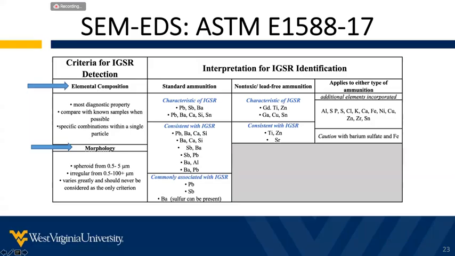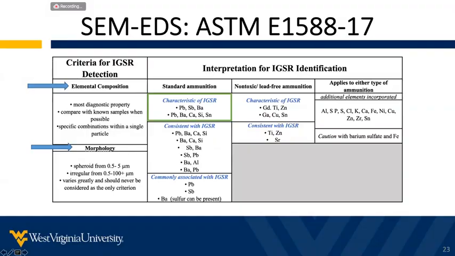For standard ammunition, there are 3 levels of confidence in the interpretation of the elemental profiles. The highest level of identification is called characteristic of inorganic gunshot residue, and it occurs when the 3 main markers are present: lead, barium, and antimony.